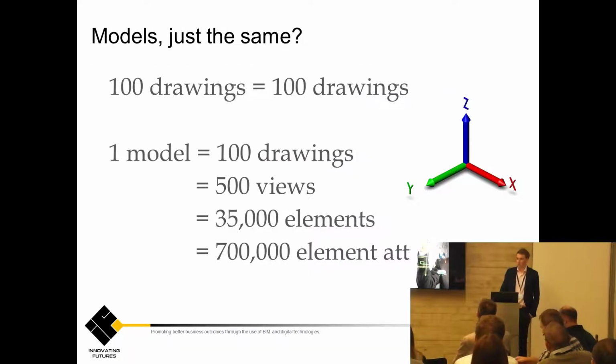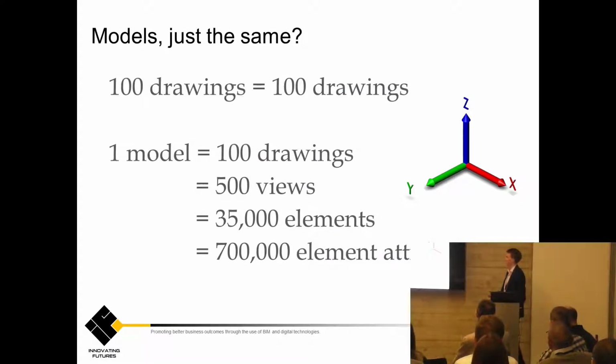So what we can do is look at this in terms of what we're doing. A typical project, or an example project, you take 100 drawings, then your checking process is you need to check 100 drawings. If you look at that in terms of a Revit model, you have one model, or maybe two or three models, however you pull it together. But basically you still have 100 drawings within that model.